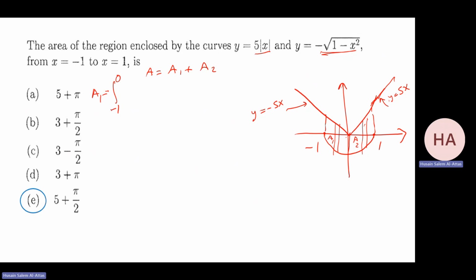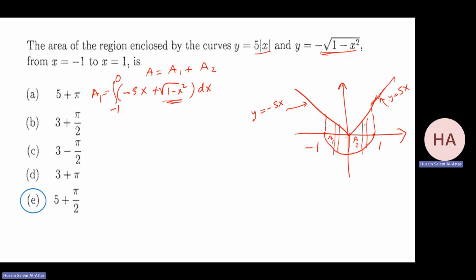From minus 1 to 0 of the first, which is minus 5x, minus this, which is square root, plus. How to find this? It's a quarter circle.